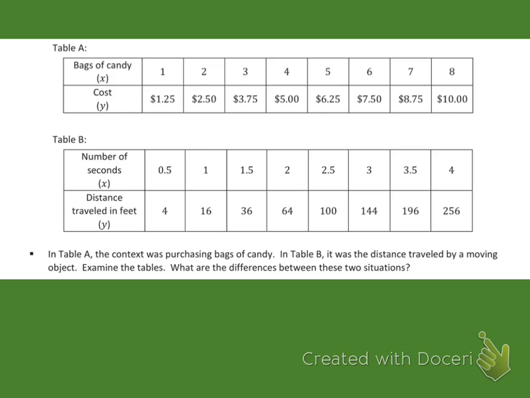So if you remember when we were talking about the function in table A, we said that the inputs, the x, had to be greater than or equal to 0 because you can't have negative bags of candy. And more than that, we said x has to be an integer.